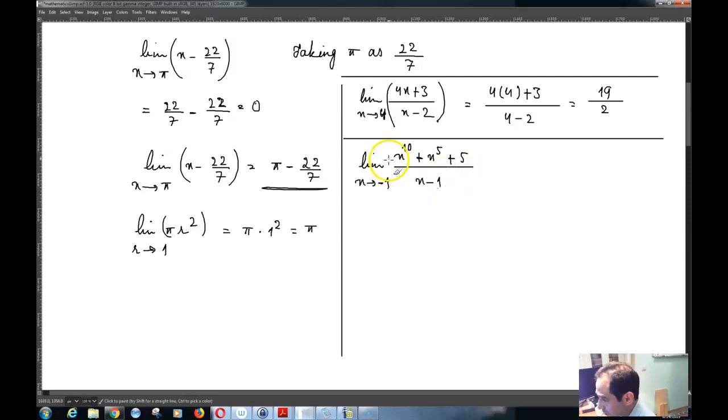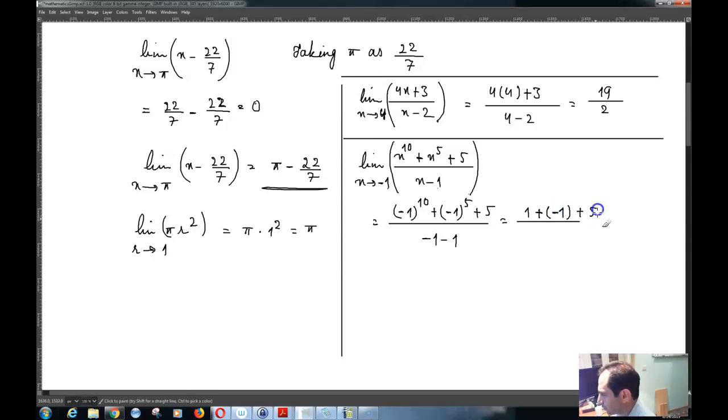Now when x tends to negative 1, you can write this as negative 1 raised to the power 10 plus negative 1 raised to the power 5 plus 1 over negative 1 minus 1, which is equal to 1 plus negative 1 plus 1 over negative 2.